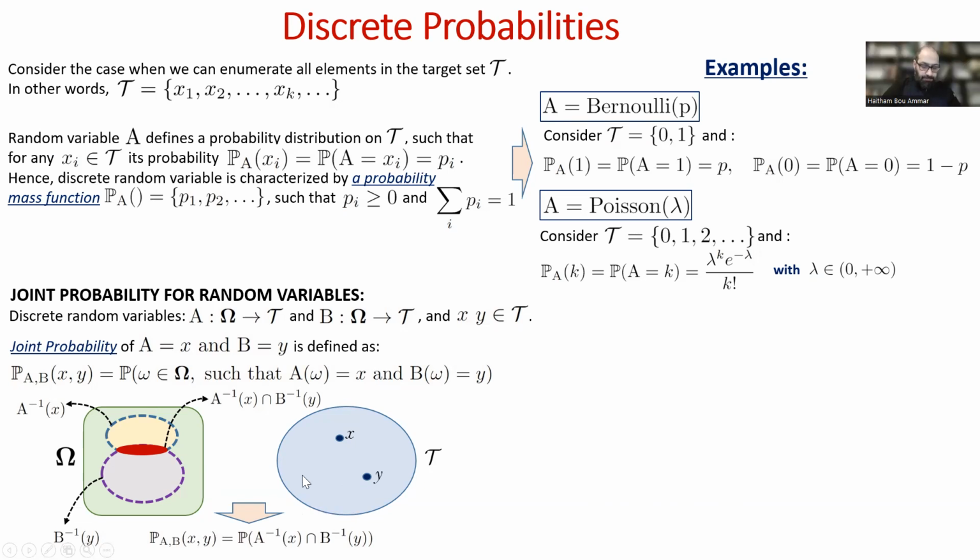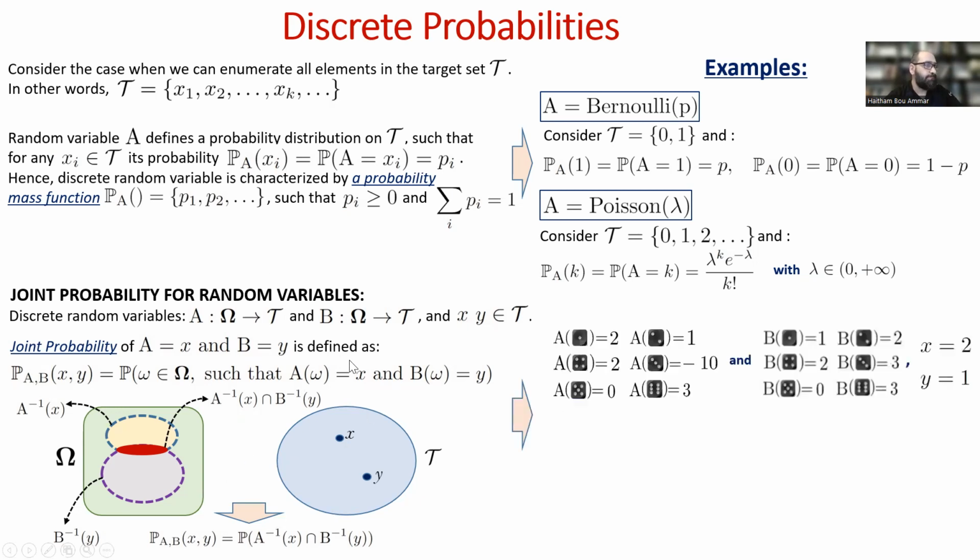To repeat, imagine we have T and we're interested in x and y. We can get the pre-images of x and y, and those are all the things in omega that will give you x and y. When you are looking for the joint, you're just looking at the intersection, the probability of those events that happen in the intersection between the pre-image of A and the pre-image of B. And that's what the joint probability is.